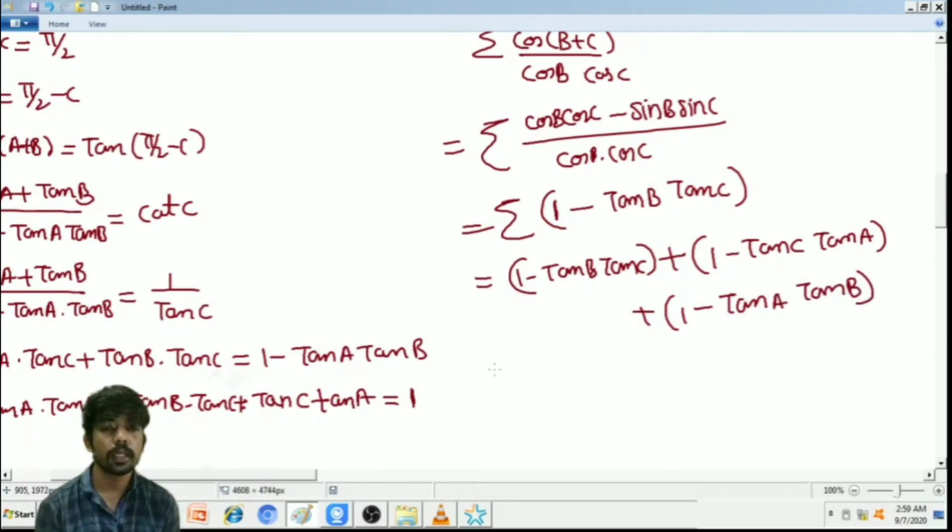Hence this is what I got if I use the sigma summation. So 1 + 1 + 1 is 3, minus, taking common from there, tan A tan B + tan B tan C + tan C tan A.